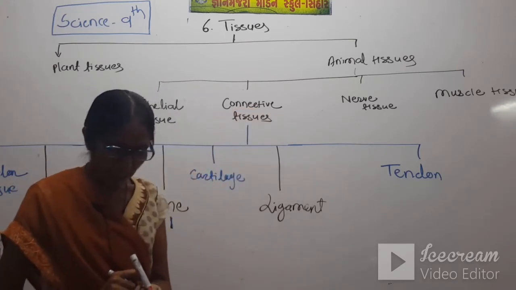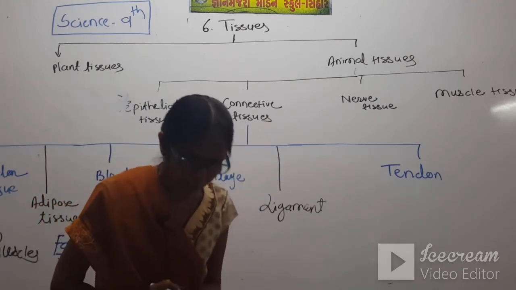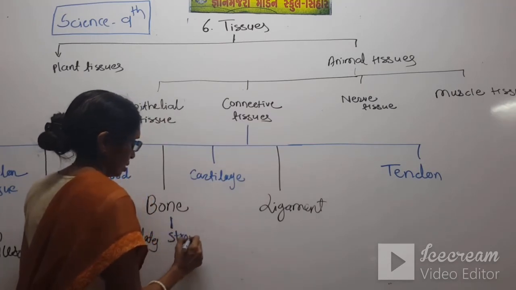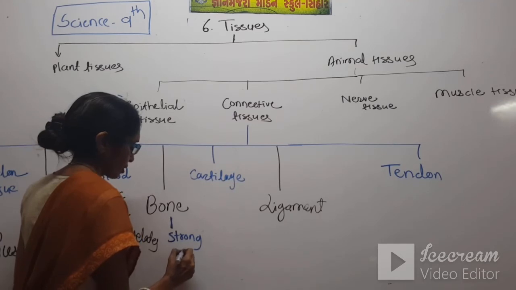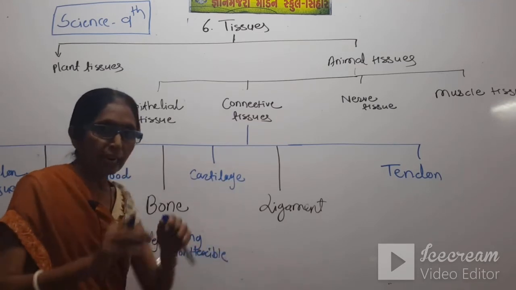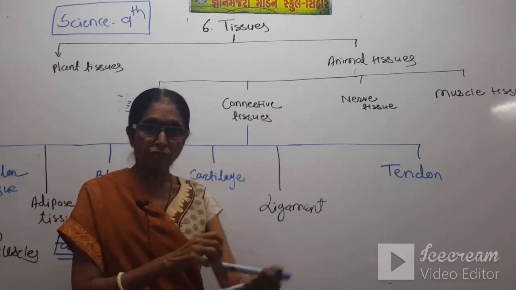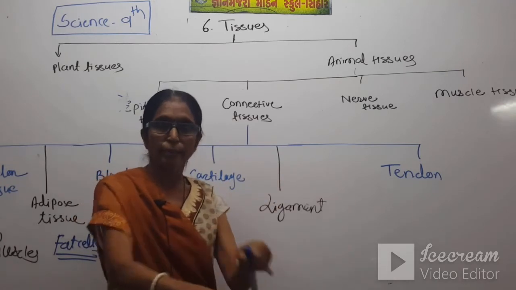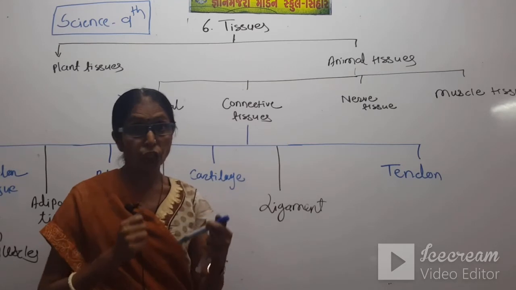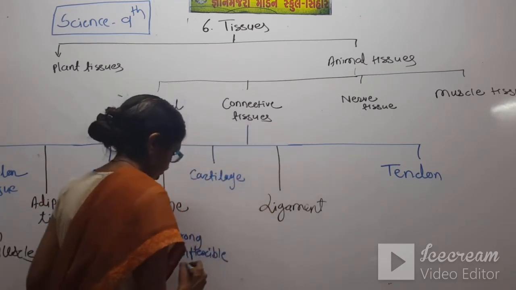Bone cells are strong and non-flexible. They can't bend like the muscles. There are bones in our body, and they are made up of connective tissues. They are strong, non-flexible, and they form the skeleton.